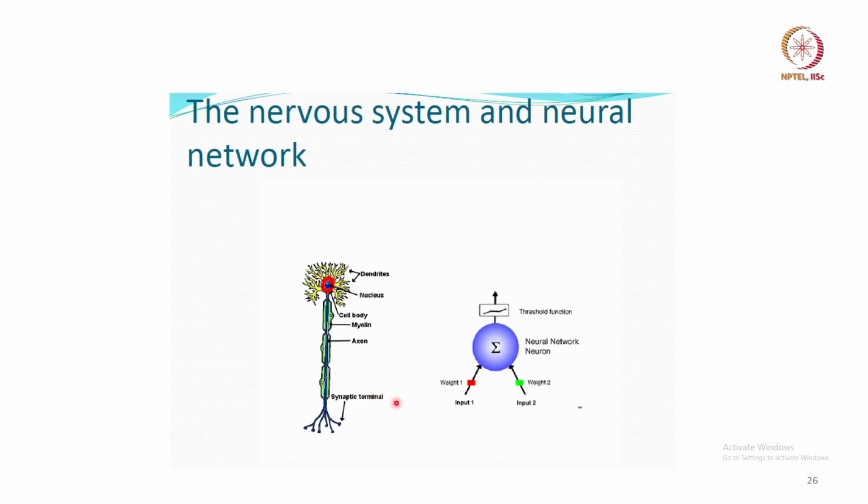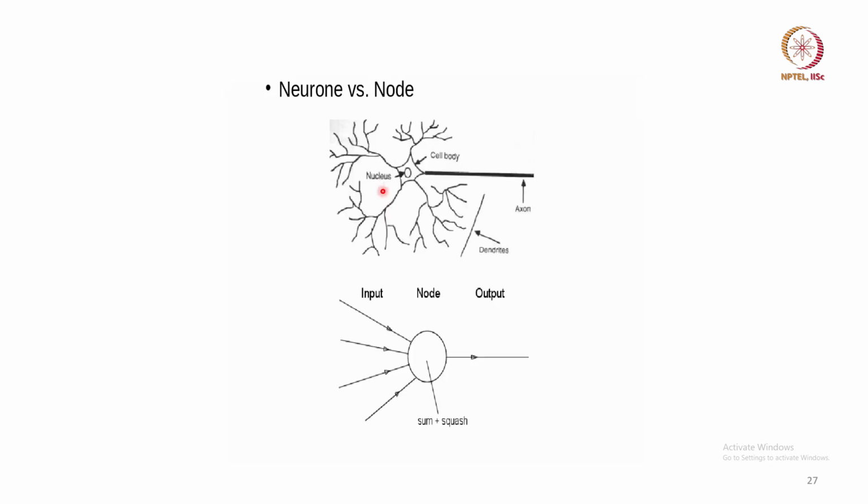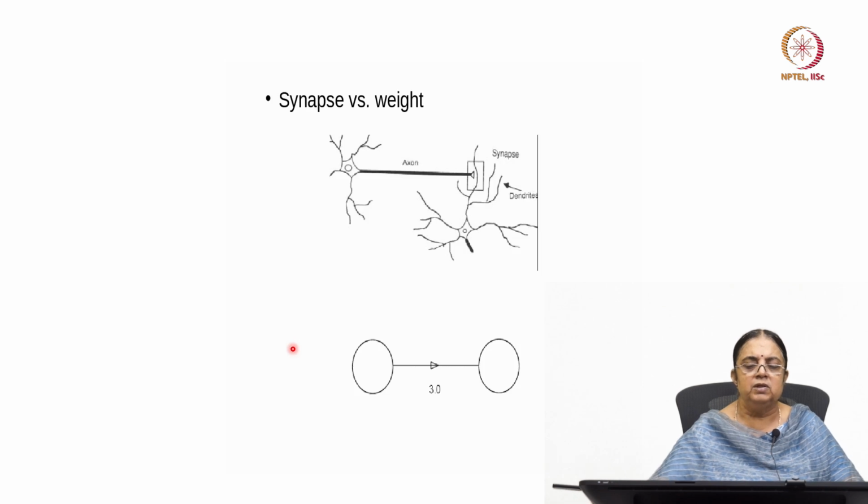Only if it goes above a certain threshold is the signal transmitted to the next neuron. You can see the parallel between the neuron and the node over here. You have the output here, which is what goes down the axon. This is the synapse, which means the signal goes from one neuron to the next neuron if it's above a certain threshold.